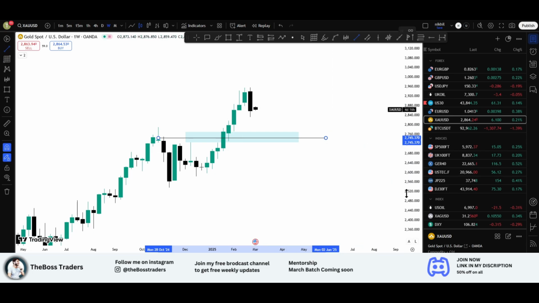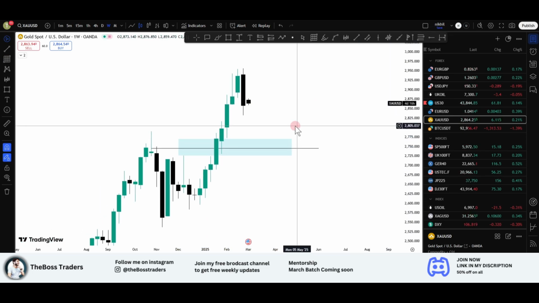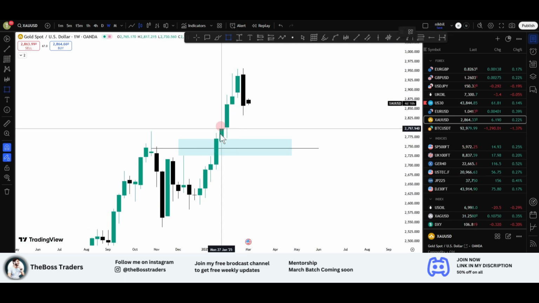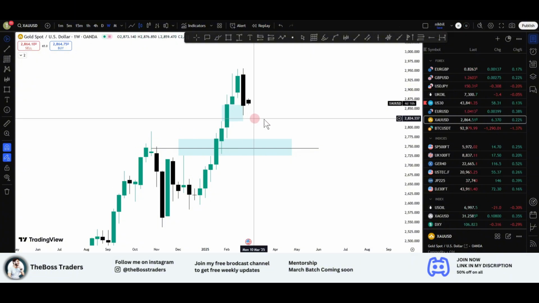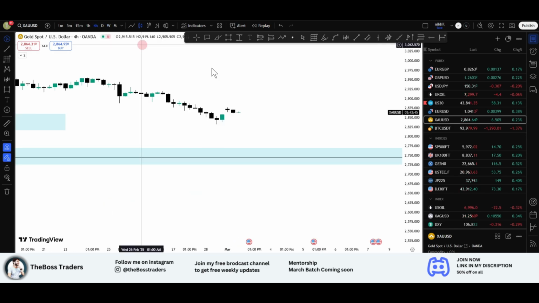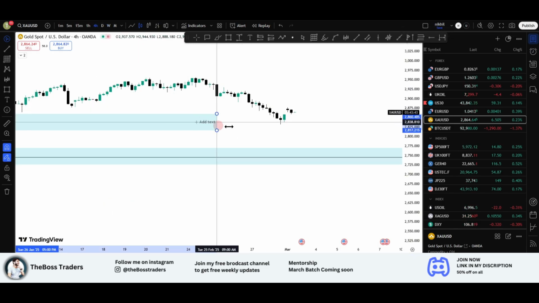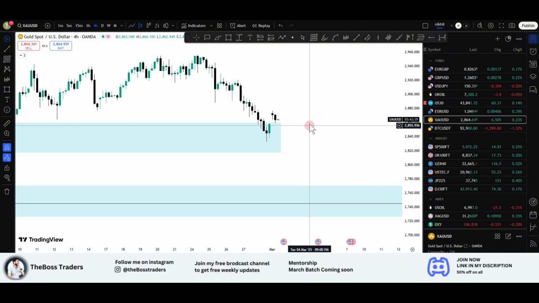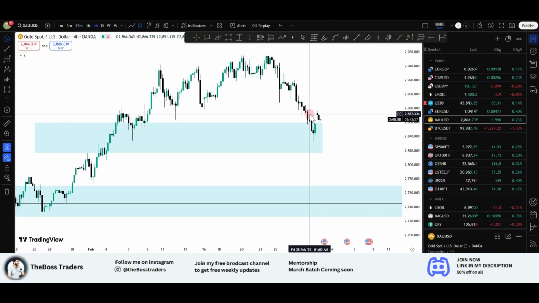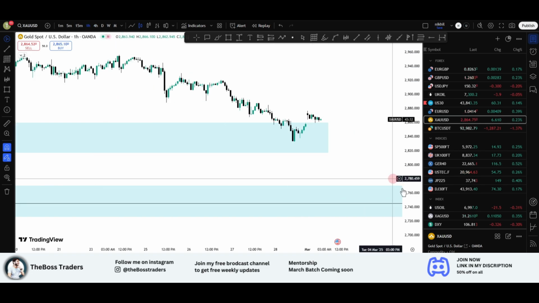Let's look at the weekly time frame. On the weekly time frame, we have this weekly fair value gap. We have already tested that weekly fair value gap, but I don't think there is any sort of reversal going on. On the 4-hour time frame, maybe on the hourly time frame, let's see.